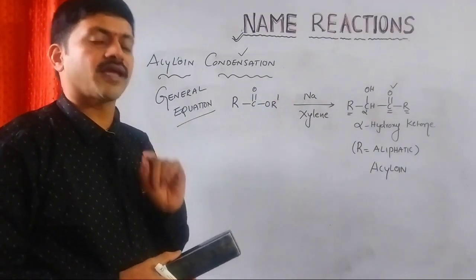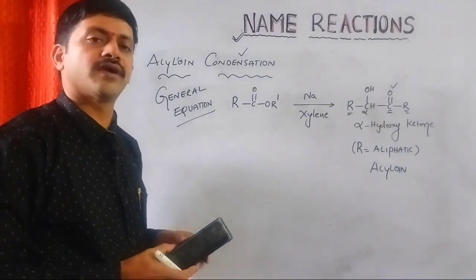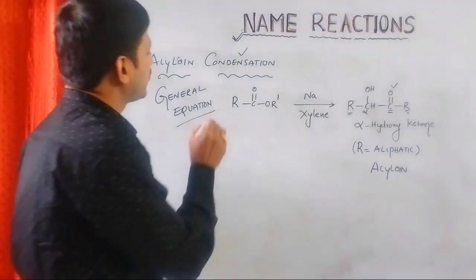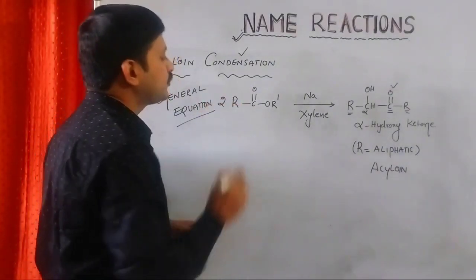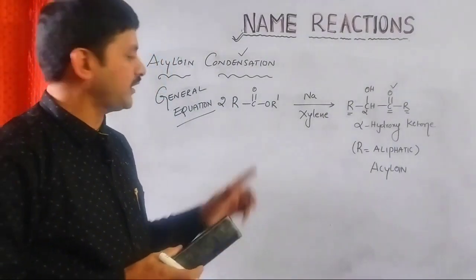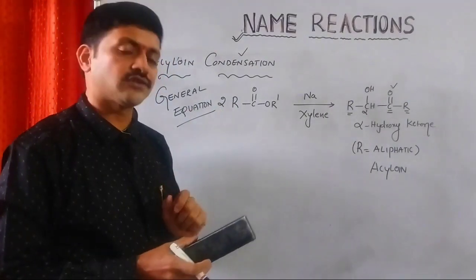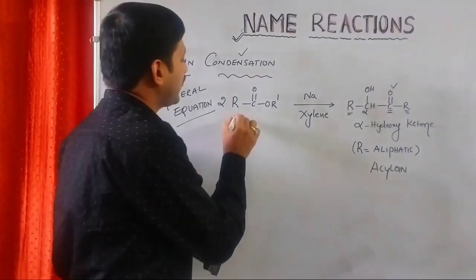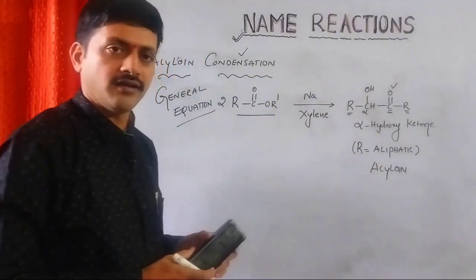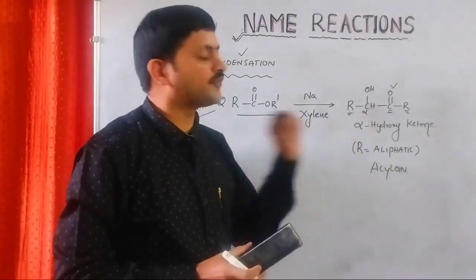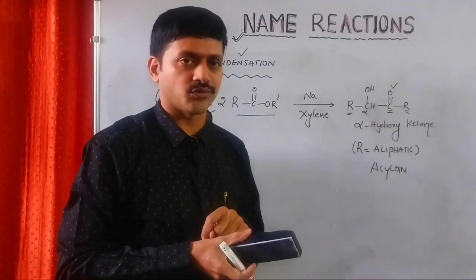Let's see the mechanism of this particular transformation. Before discussing the mechanism, here we need to identify one thing, that is the number of moles of the reactant must be 2 moles. In this transformation, we need to take 2 moles of the reactant, then only you will come up with alpha hydroxy ketone.